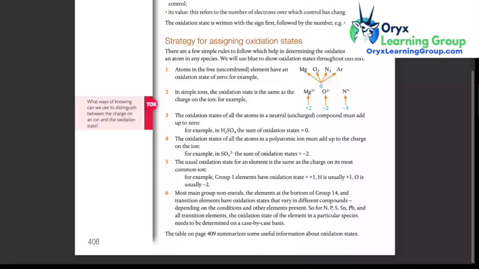So the oxidation states of all the atoms in a polyatomic ion must add up to the charge on the ion. For example, in SO4 2-, the sum of oxidation states is equal to -2. Suppose we assume that the oxidation state of sulfur is X. Now oxygen is -2 always, right? So it will be X plus 4 times -2 is equal to -2. Do you agree with this calculation?